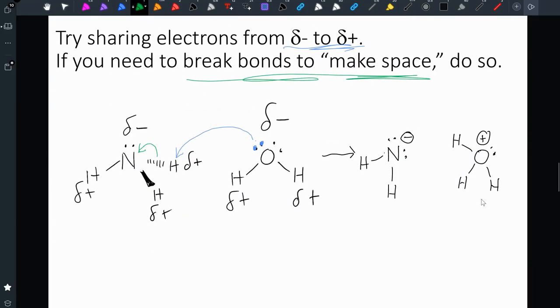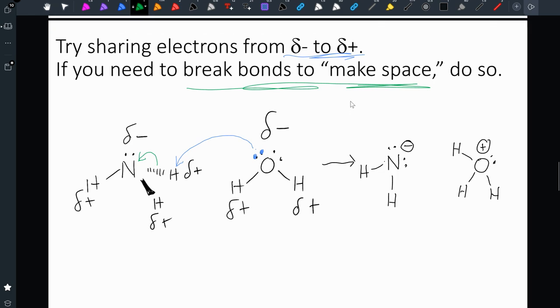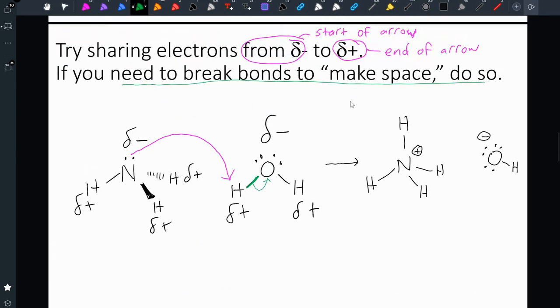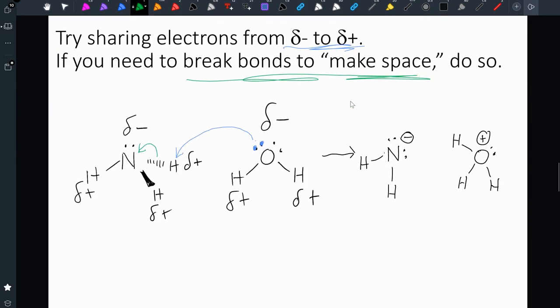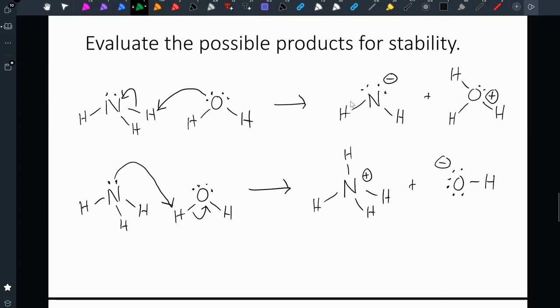And for this particular kind of reaction, where you're forming and breaking bonds to a partially positive hydrogen, Module 12 is all about this kind of reaction. So you learn some more predictive tools there. But even as a first pass, just knowing what you know from Module 2, you could predict these two possibilities. So now let's talk about which one is more likely.